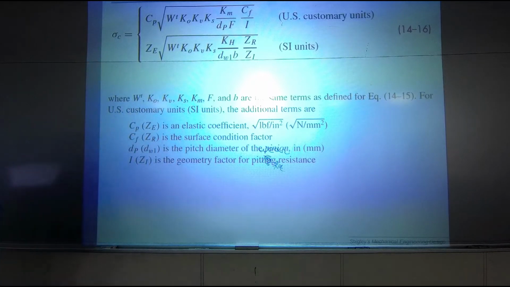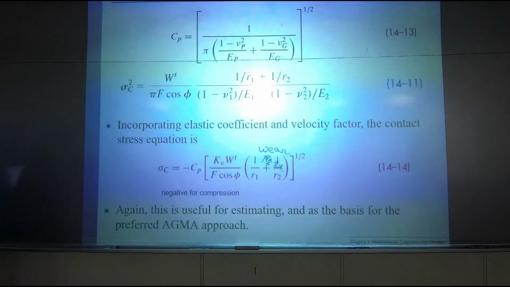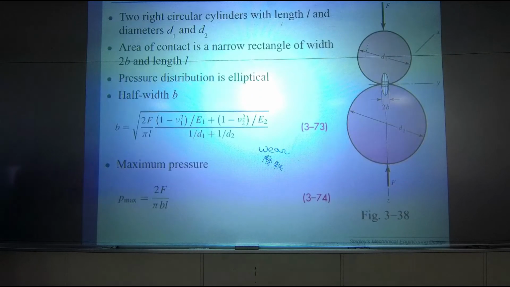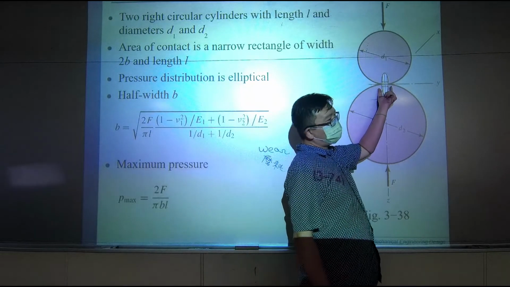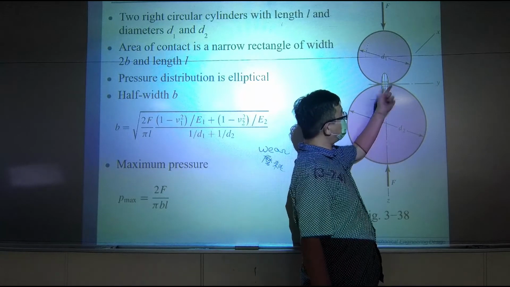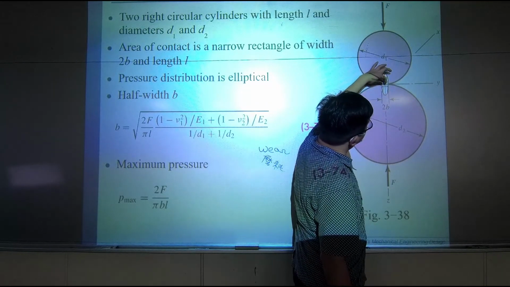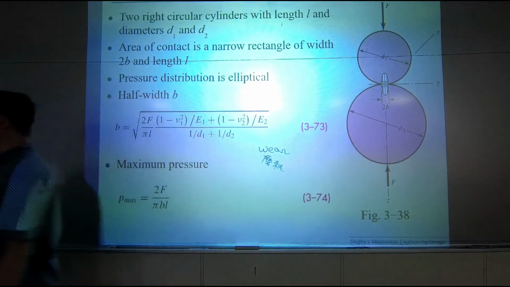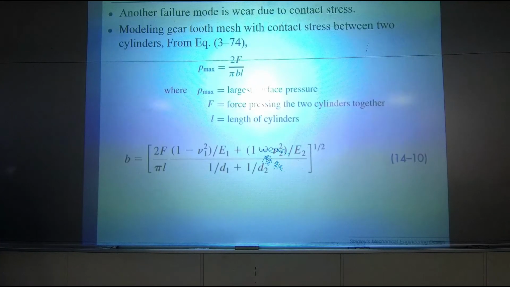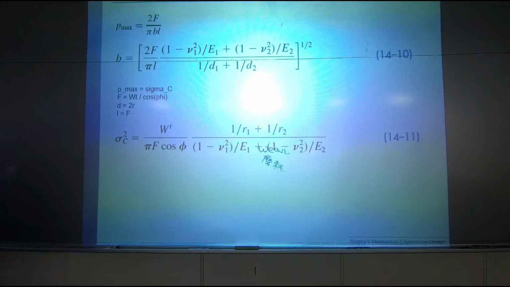Because of the model of this one. In this model there is a square root. It's trying to calculate the width of the concentrated stress, and it's calculating the half width. And the calculation has a square root. And therefore, when you derive it, there's always a square root.